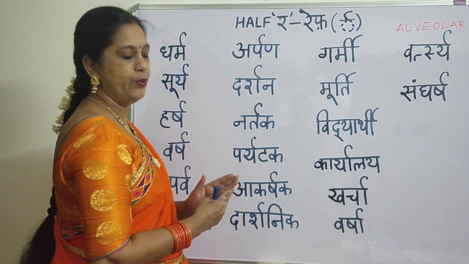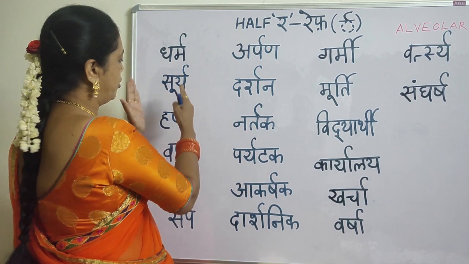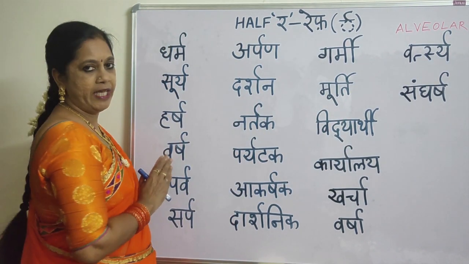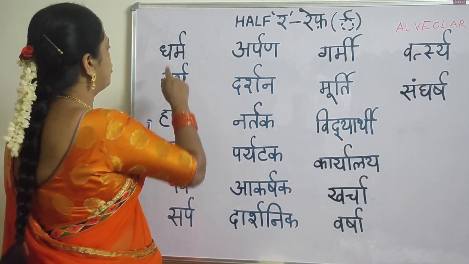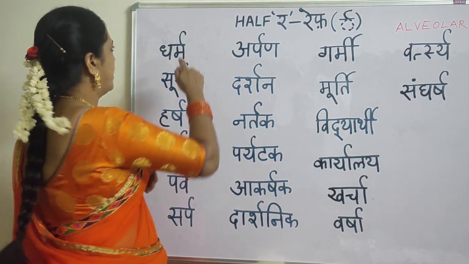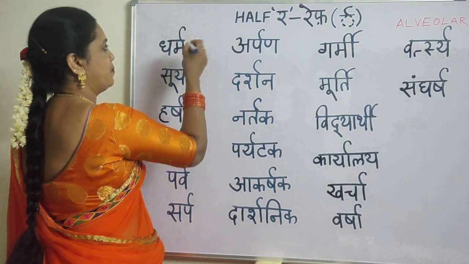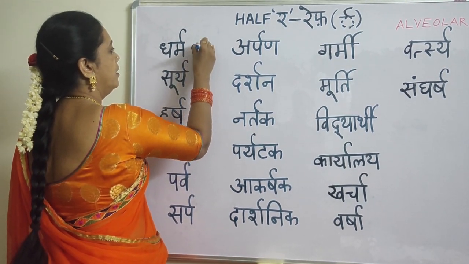In that I will tell you, because each row has its own rules. Now the first one I am taking, you will be wondering how to pronounce it. I will just split and show you here.